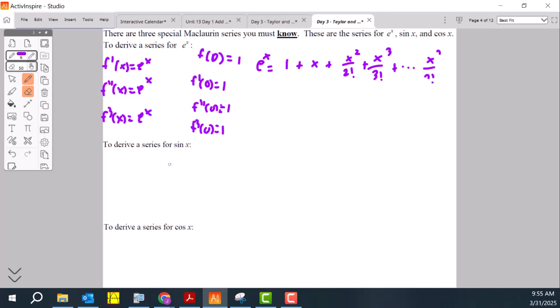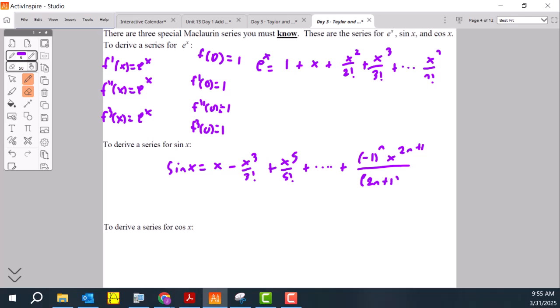Now we have a series for sine and cosine as well. You can take the time to find these on your own if you want, but sine is going to be x minus x cubed over 3 factorial plus x to the 5th over 5 factorial, plus dot, dot, dot. And then the general term for this one would be negative 1 to the n, x to the 2n plus 1, over 2n plus 1 factorial.